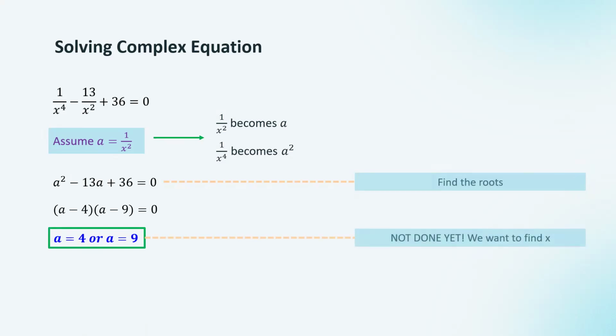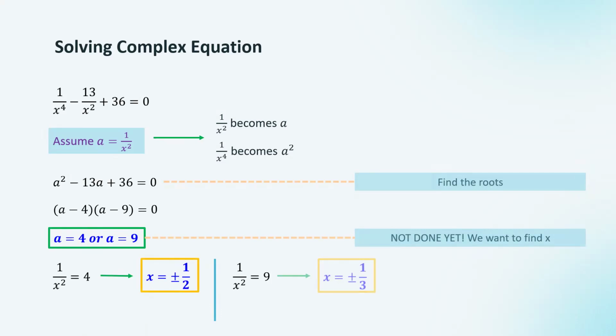So for the first answer, 1 over x squared is equal to 4. So we need to take the square root of this and we have x is equal to plus or minus 1/2. The second answer, we know that 1 over x squared is equal to 9. So we take the square root of this, we get x is equal to plus or minus 1 over 3. Again, there will be 4 answers.